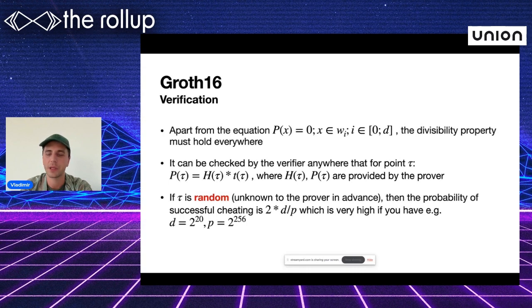And then if it is indeed random, the probability that it somehow got very lucky and that this equation will hold is 2 times d divided by p, where we have d gates in the circuit and p is the number of elements in our field, which is a very large number. So the problem is, how do we make this tau random and unknown to anyone else?